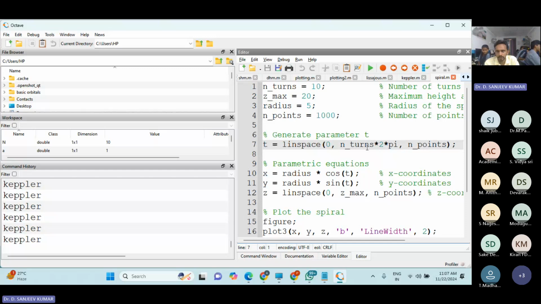So from 0 to n number of 2 pi's, we have 1000 divisions. So for that purpose, I mean, to fix the number of divisions, we use linspace.